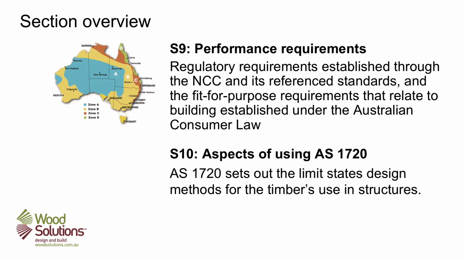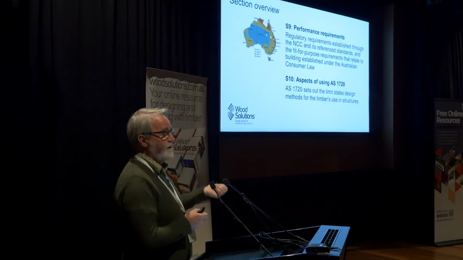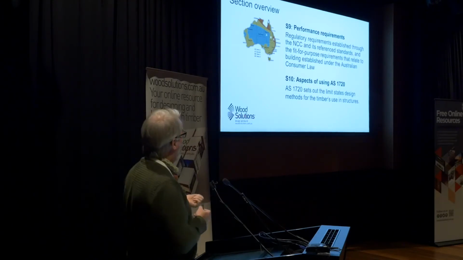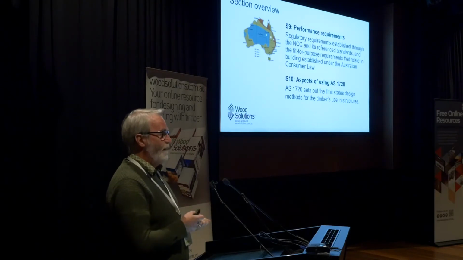We then deal with performance requirements, and there are a couple of specific performance requirements which deal with wood, which are different to things that might apply with other material bases. So they're set out, and we look at two things. One is basically the National Construction Code, which of course we all read and move around with us.